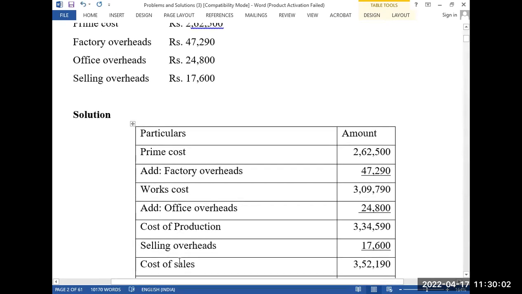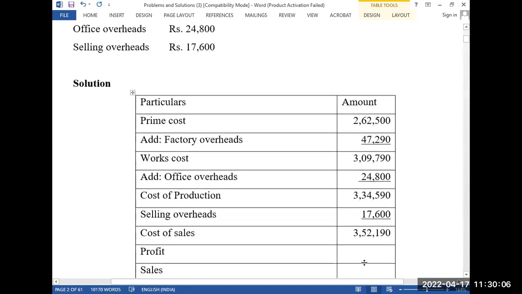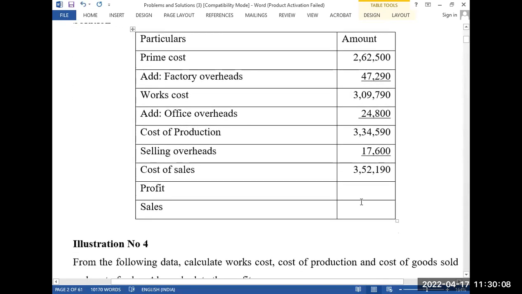Along with cost of production, if you add selling overheads, you will get cost of sales. Okay. Then along with cost of sales, if you add the profit, you will get sales, but that is not there in the question, so we are leaving it.